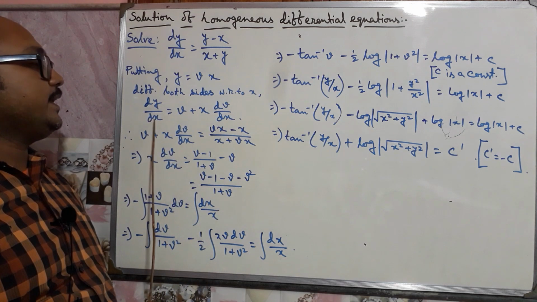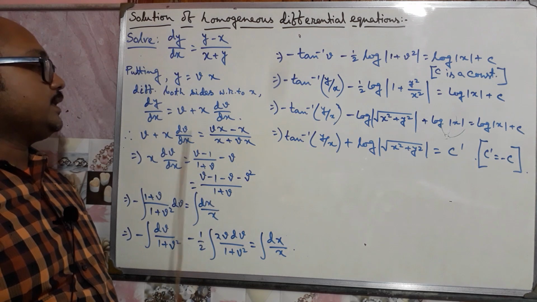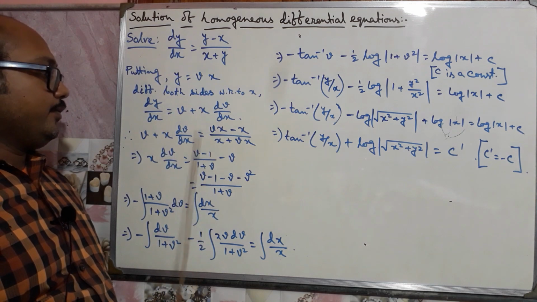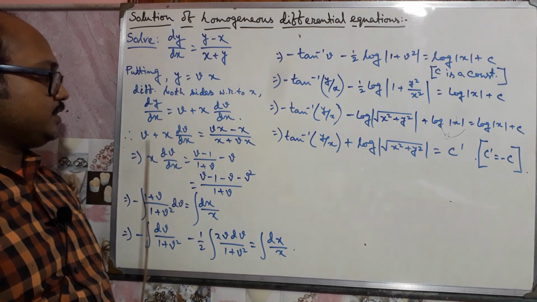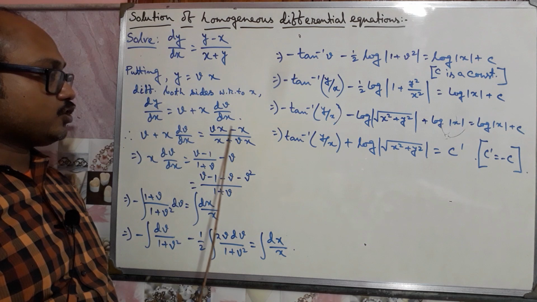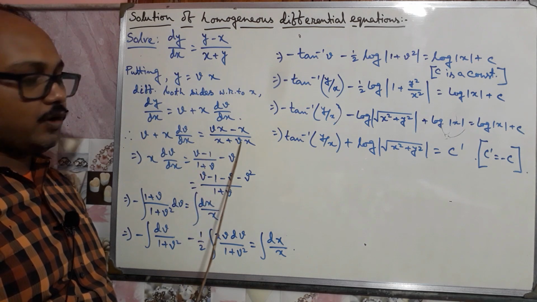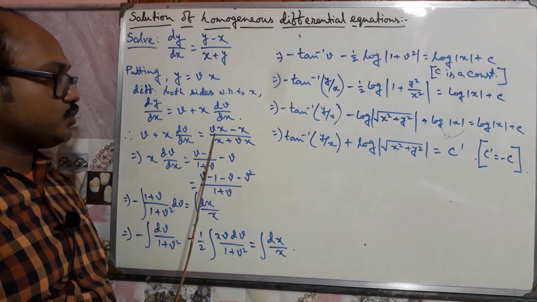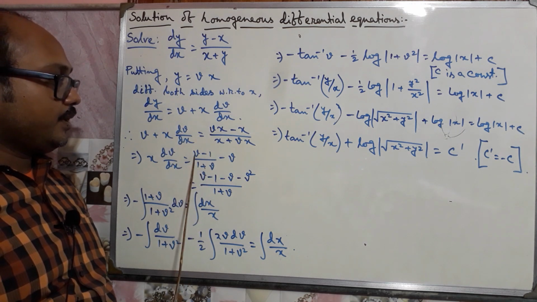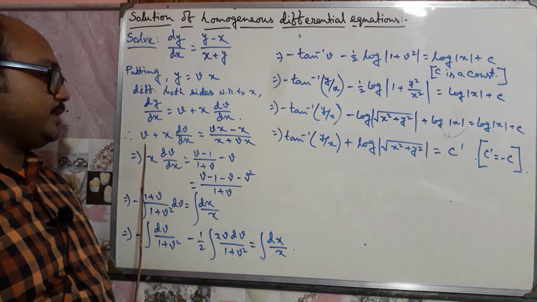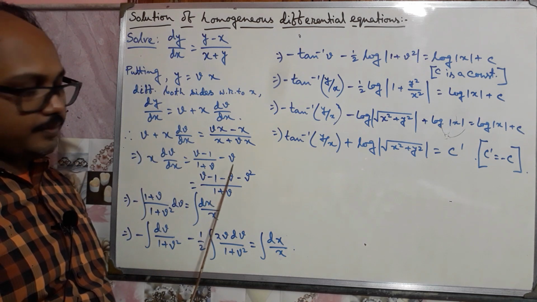Putting the value of dy/dx and y, that are v plus x dv/dx and vx respectively, we will get this equation. Taking x common from the numerator and also from the denominator, these two x will be eliminated. So, this right hand side will be (v minus 1) by (1 plus v), and changing the side of this v to the right hand side, that will be minus v.